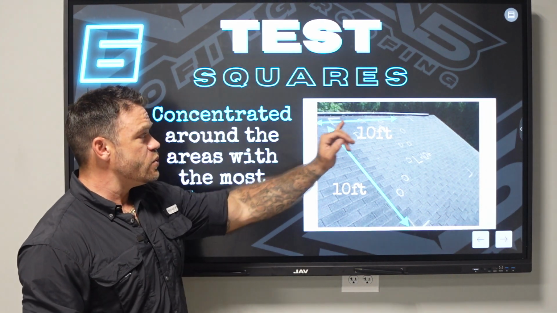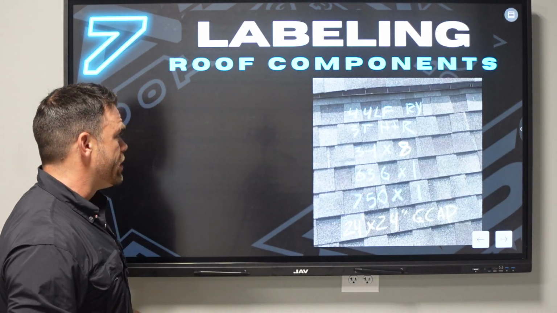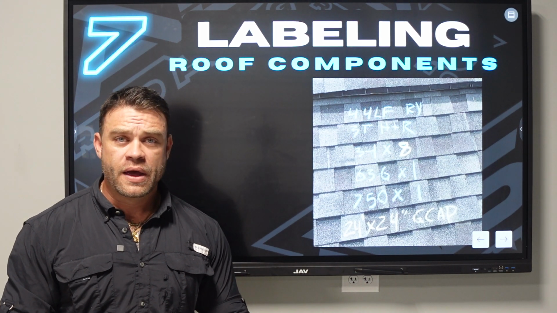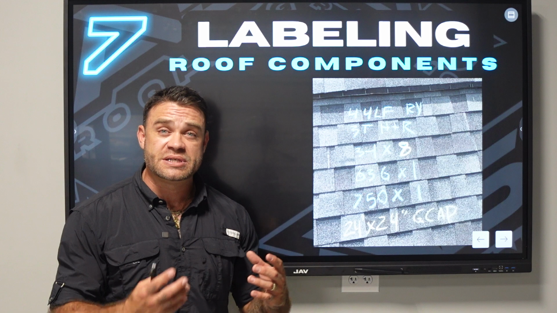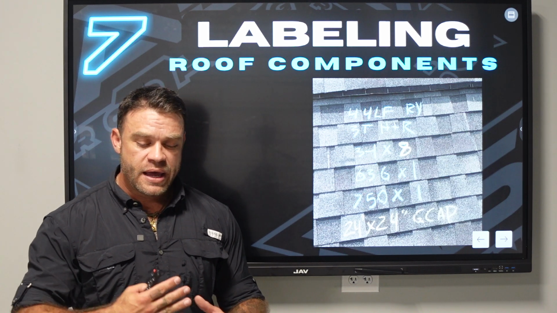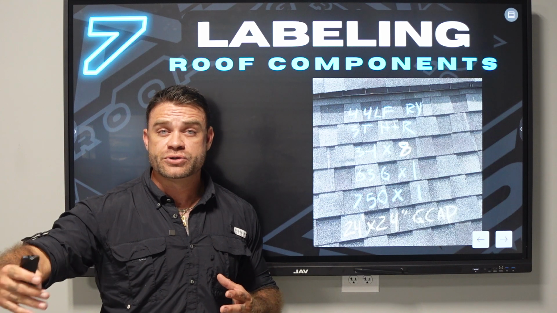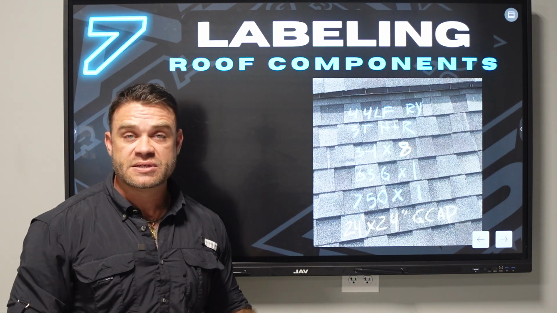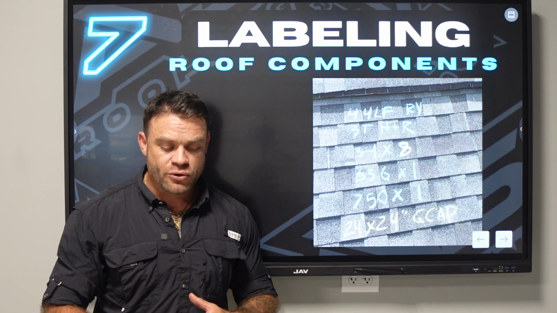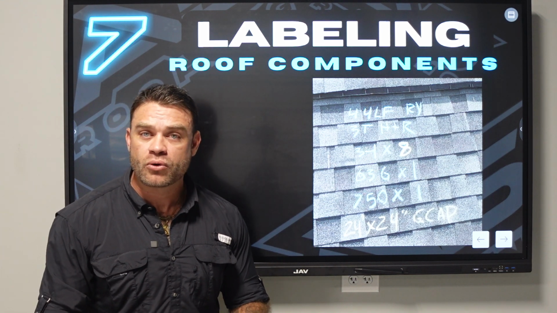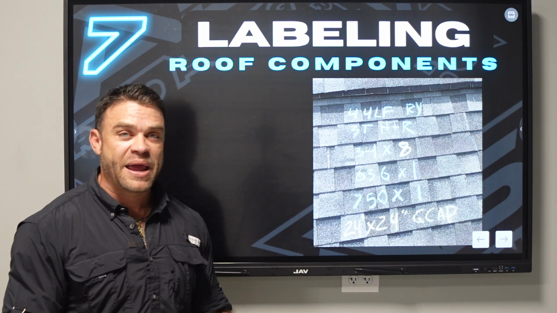And so once we draw a 10-foot by 10-foot area, we can really identify how many hits of hail, how many hail impact marks do we see inside of that test square, and is that relatable to the remainder of the square footage of the roof. If the damage is relatively the same, consider it our method of figuring out whether or not a roof needs to be totaled out or whether or not it can be repaired.